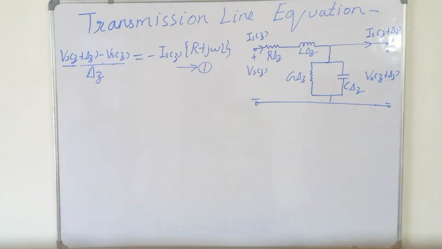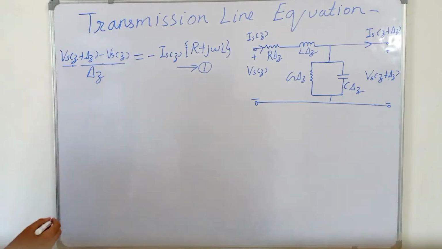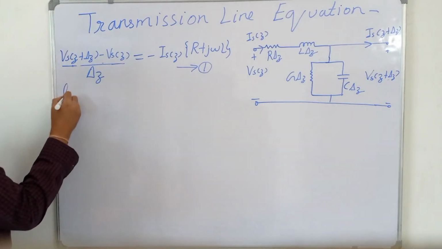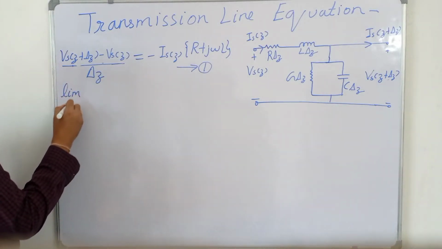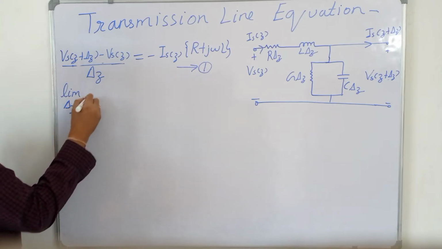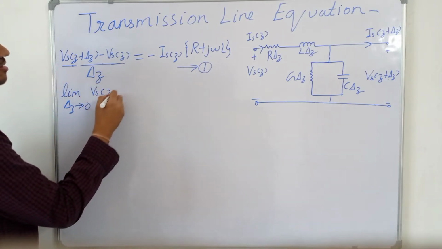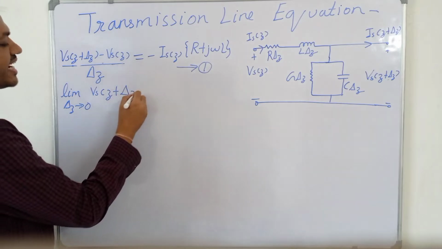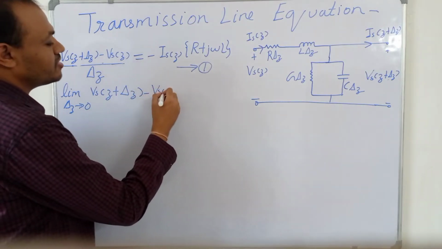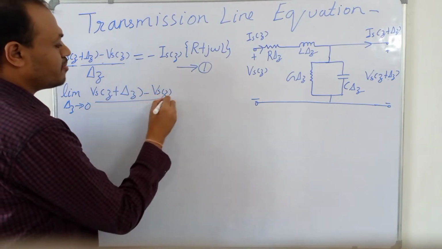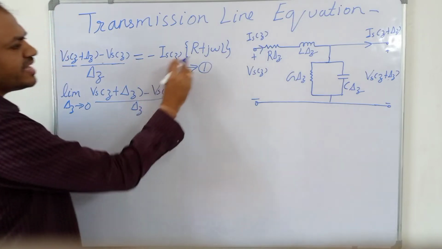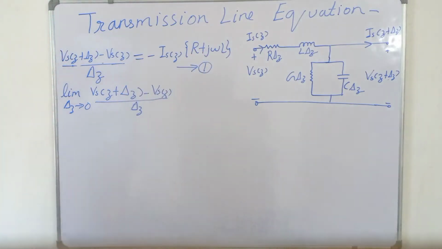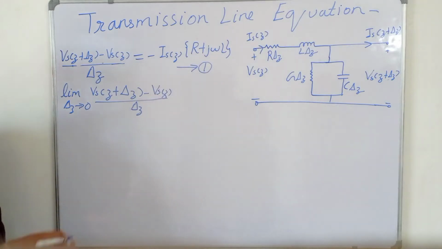We can apply the limit on both sides. Limit delta Z tends to 0 of Vs of Z plus delta Z minus Vs of Z upon delta Z. There is no delta Z term on the right hand side, so there is no need to apply the limit there.